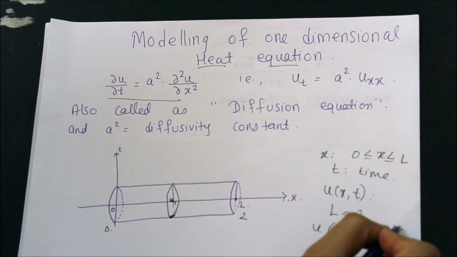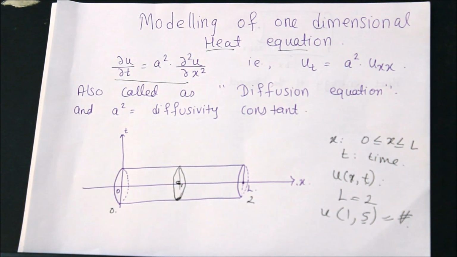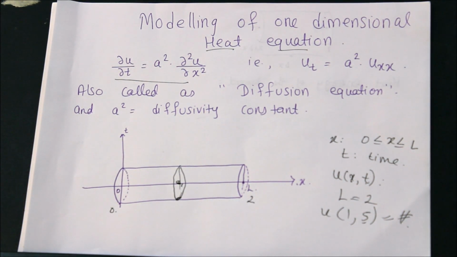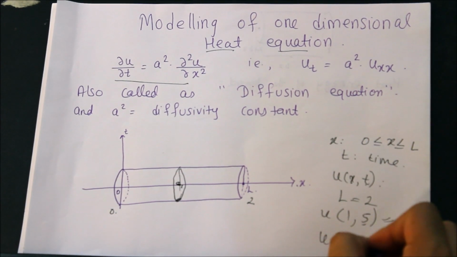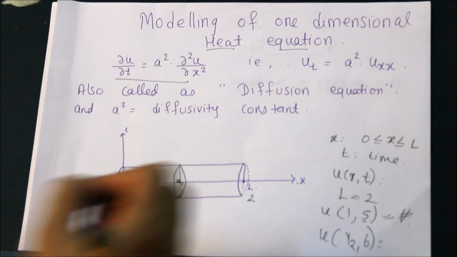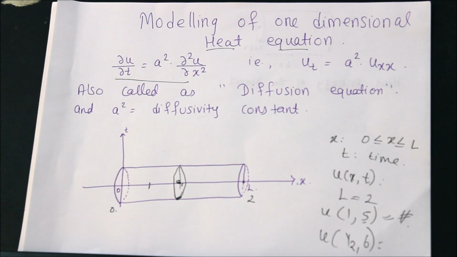Whatever this number is, it is the temperature at position 1 after 5 minutes. If I ask what is u(1/2, 6), that means at position half and after 6 minutes, what will be the temperature. So u(x, t) is the temperature at the given point and at the given time.